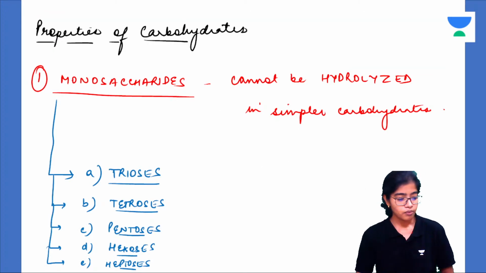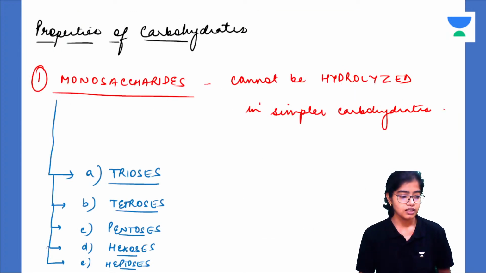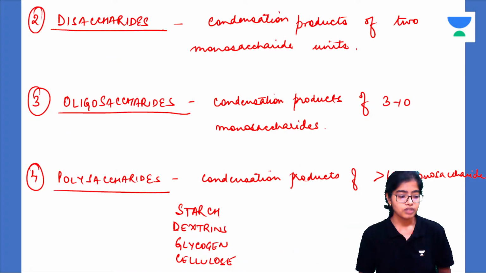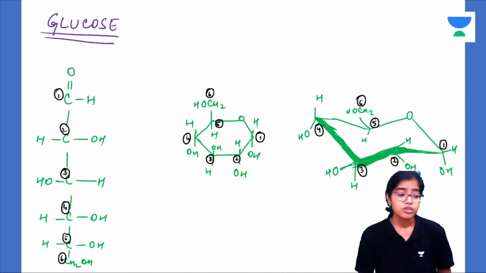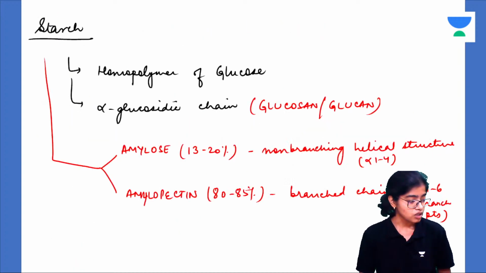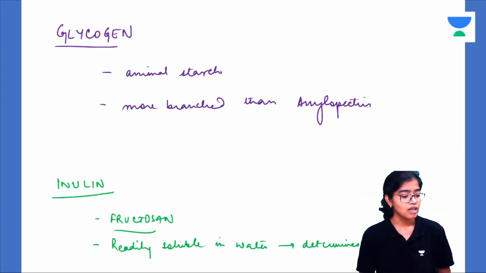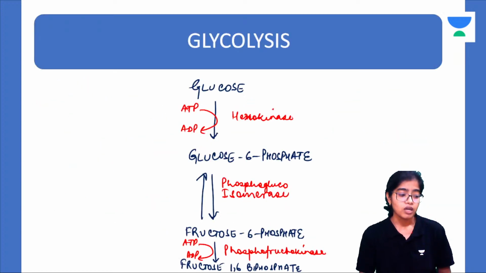Now let us quickly go through all the topics that we have discussed. We started with the properties of carbohydrates, different types of carbohydrates, and the different nomenclatures associated: polysaccharides, monosaccharides, disaccharides, oligosaccharides, the three types of structures of glucose, what is starch, what is cellulose, what is glycogen, inulin, dextrins, chitin, and what are epimers.